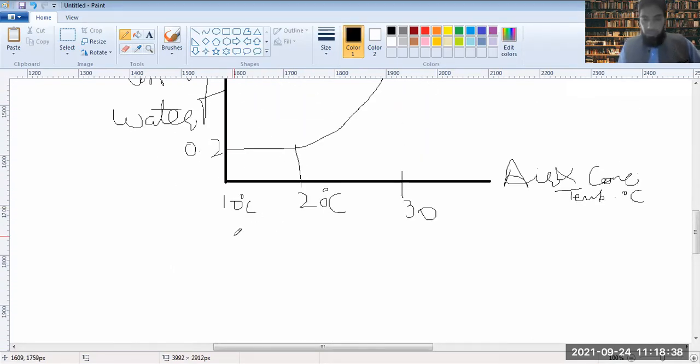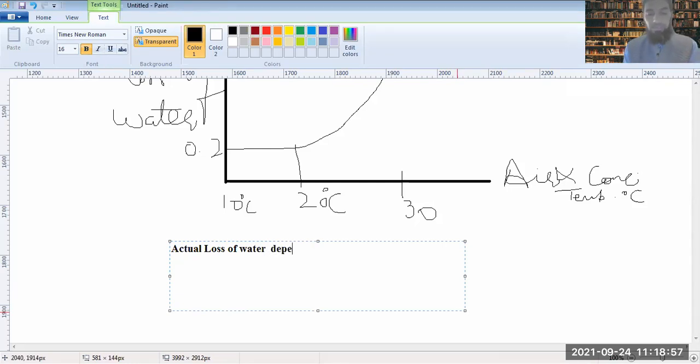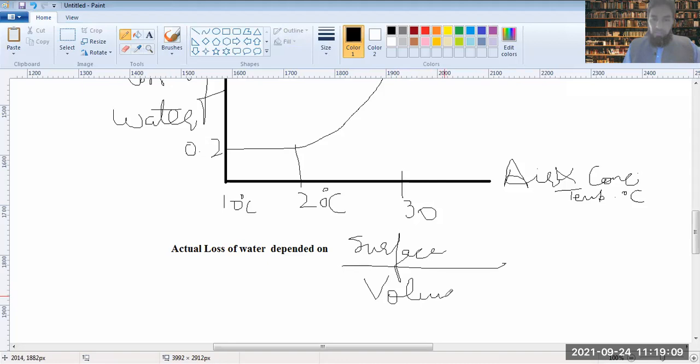Now, I told you that the curing depends on the size of the assembly. So it's actually dependent on the actual loss of water that is happening, and the actual loss of water is dependent on the relationship between surface to volume ratio of any assembly.